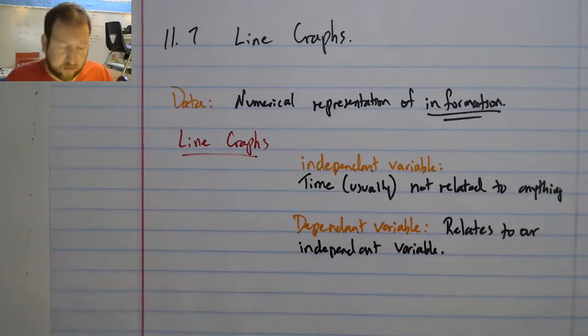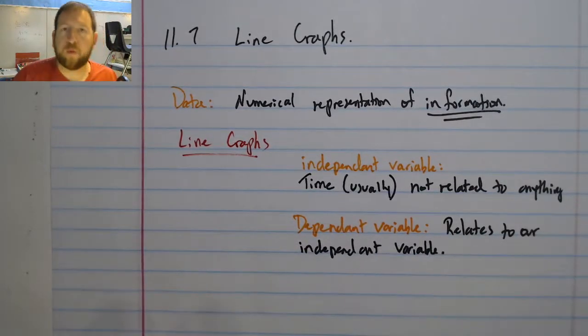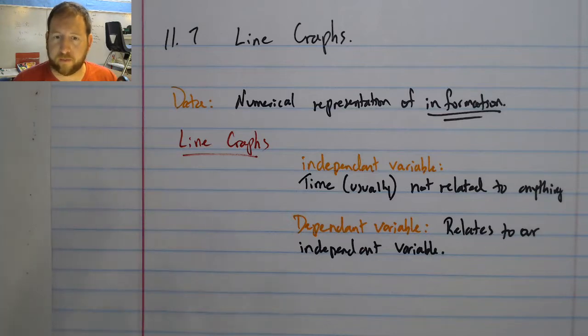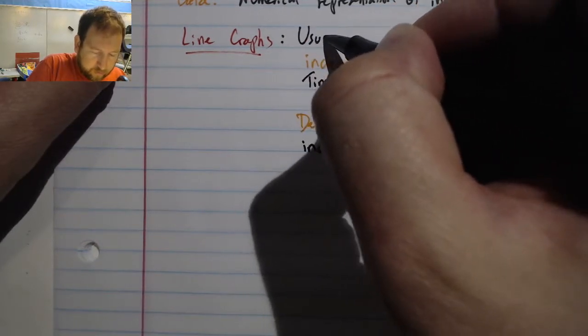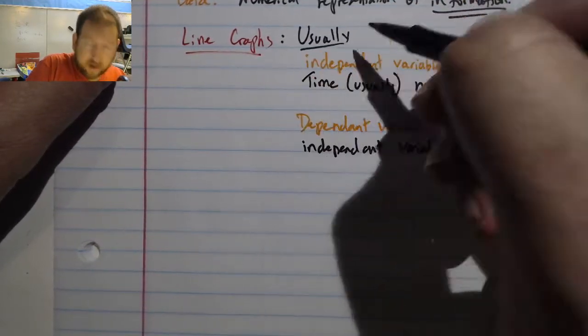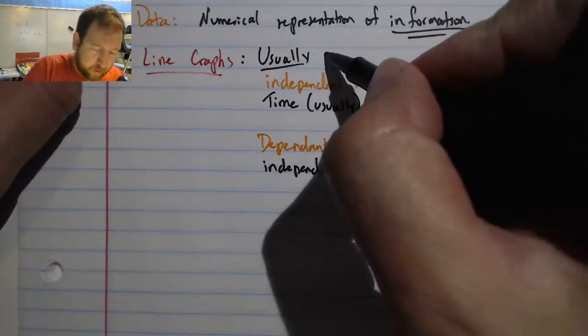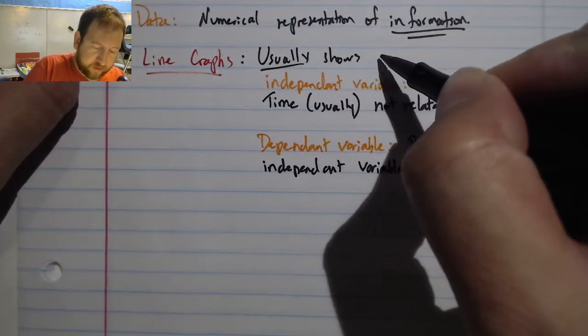As time continues to march on, this other one will change based on that time. And that allows us to use a line graph. And that's usually what we look at when we're looking at a line graph. It usually, not always, but usually, shows changes over time.